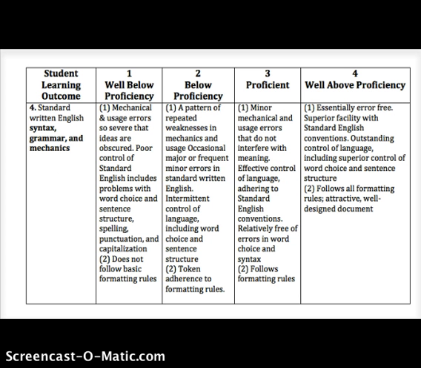The last one is about writing mechanics, syntax, grammar, punctuation, sentence structure, all of that, formatting. This is a hard one anyway, and it'll be more effective if you tailor it down to the specific things that you've identified in your class that you want your students to work on.